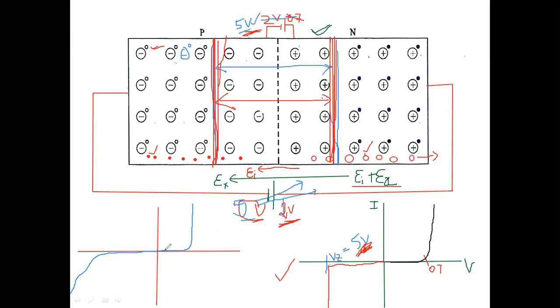So for the same applied voltage, current will be high. I will draw like this such that you will understand properly. This is PN diode, VI characteristics for PN diode. And on the same graph, I am drawing characteristics of Zener diode.